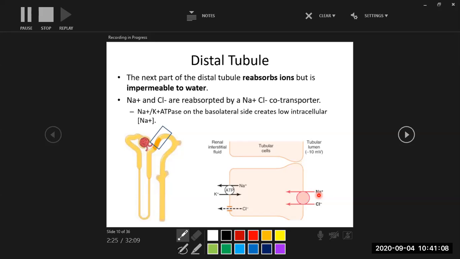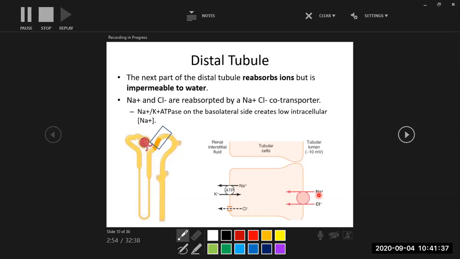When we block that channel, when we block any of these sodium channels in the nephron, we basically increase urination. And that's the drug we use to remove the excess body fluid, because in patients with hypertension or body edema, we need to use this mechanism to remove the extra fluid.